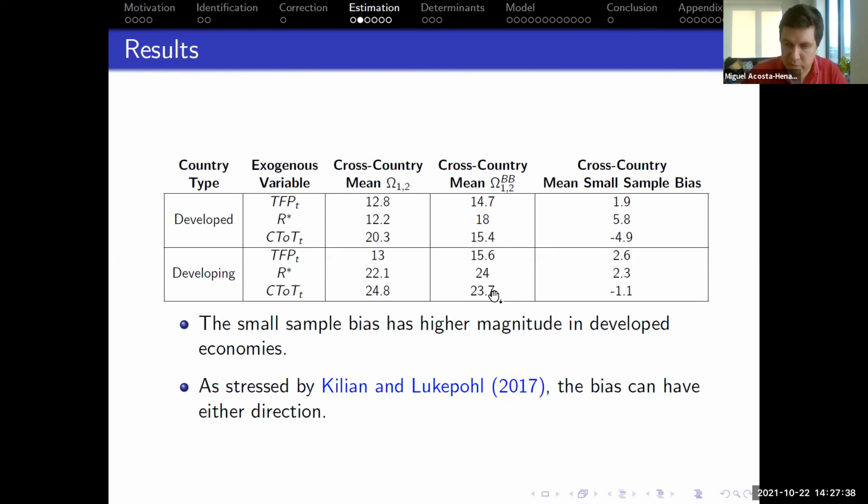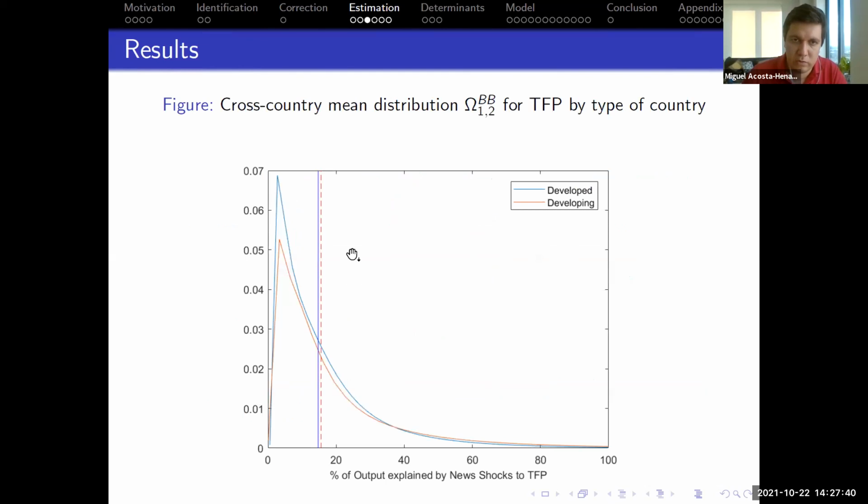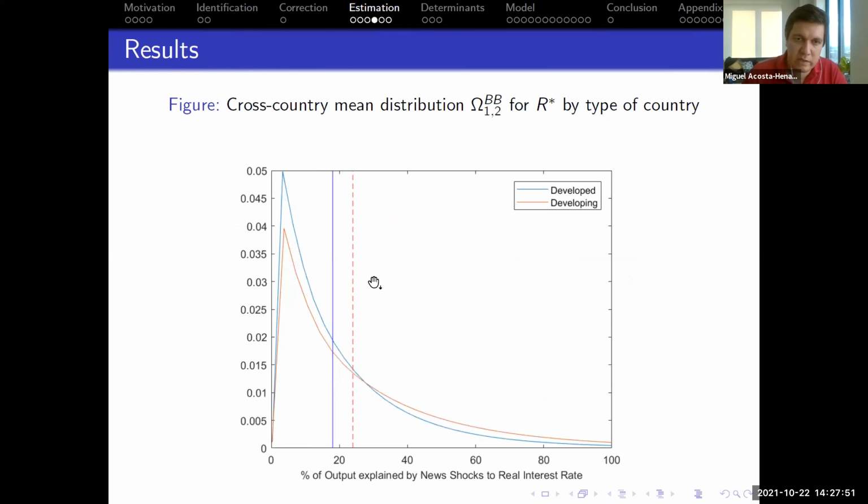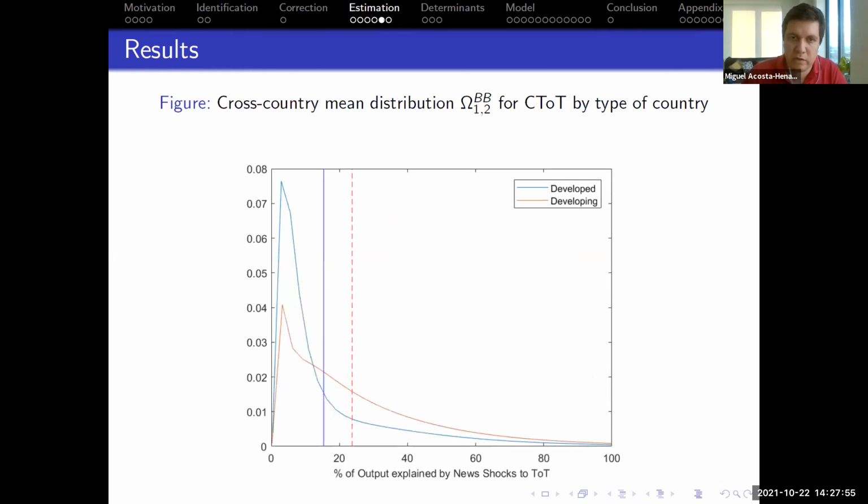Okay, so these are just the distributions to show the same that I just said. These are the news shocks to TFP, and these lines represent the share of variance explained by news shocks to it in both types of countries, whereas there is a relatively important difference, 6 percentage points for interest rate, and I think 8 percentage points for commodity terms of trade.